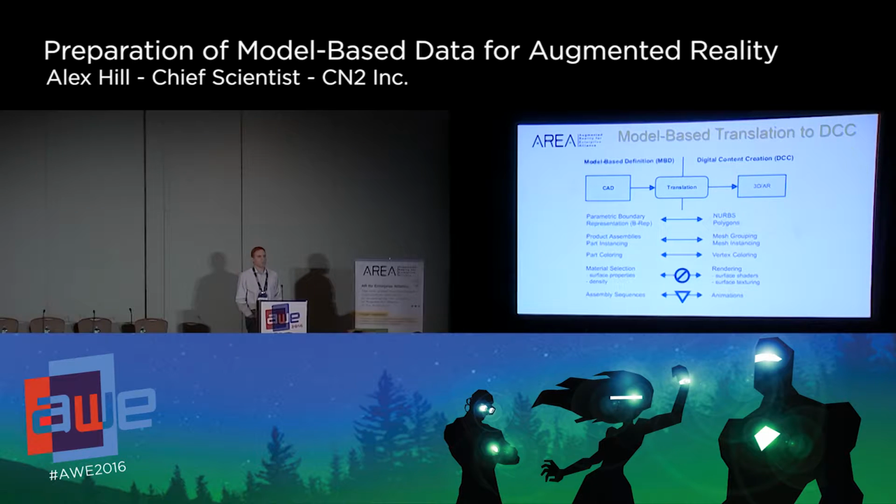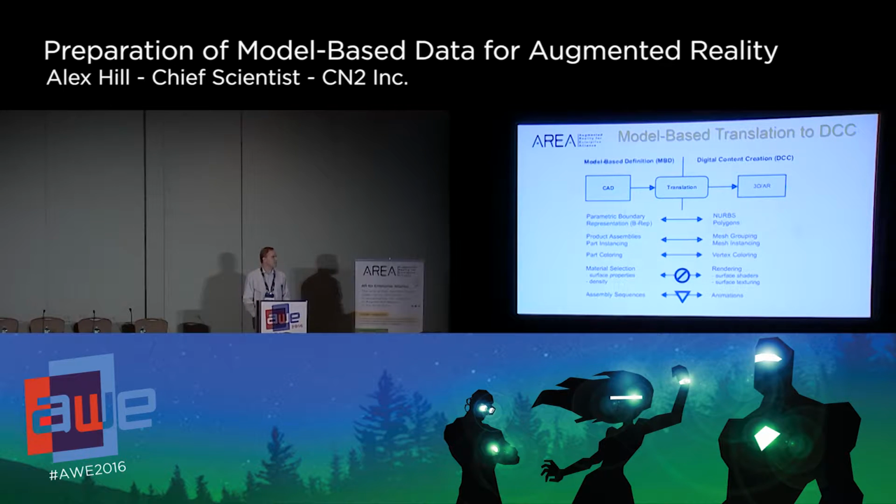Model-based data is almost exclusively parametric in nature. There is an equivalent of NURBS in the DCC world, but invariably, almost all AR content ends up becoming polygons. So this translation from parametric to polygons is critical.